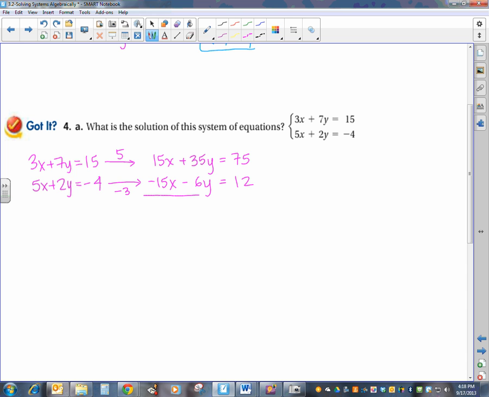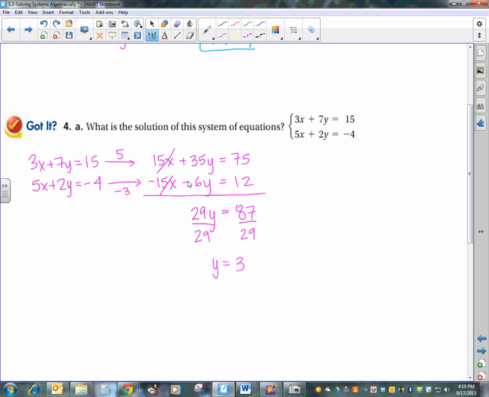So now when I combine these, you will see that my x's will fall out. 35 minus 6 is 29y. 75 plus 12 is 87. And we're going to hope that 87 divides by 29 evenly. And it does. It gives me 3.